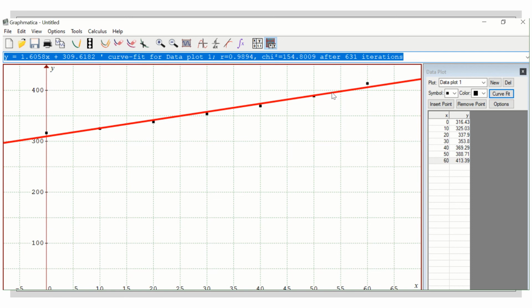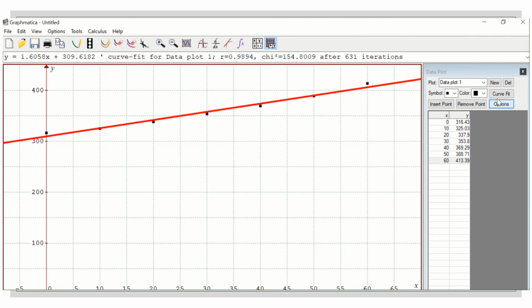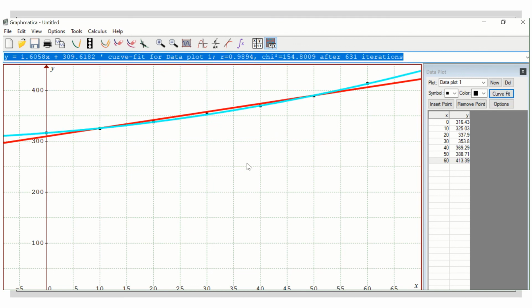Now, suppose you want to try a different function. So you go back to options. This time, I want to try a quadratic function. So I will be changing the maximum order of the polynomial to 2 because that's a quadratic function. So I'll click OK and then press curve fit. So I will just remove the line so that you can see the parabola.